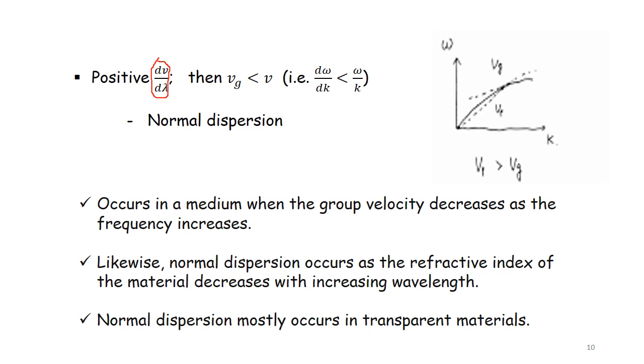When that happens, we have what is called normal dispersion. This normally occurs in transparent materials. That's what happens in your glass prism. When you see a rainbow, that's normal dispersion.